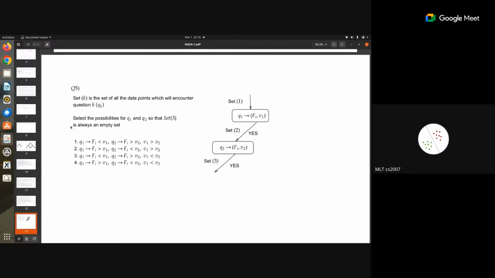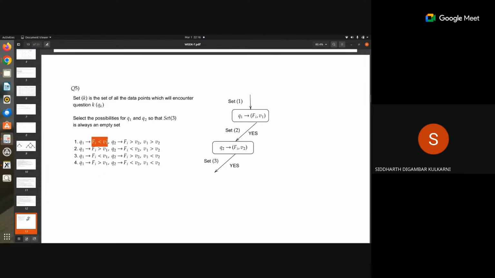If the first question is whether Fi is greater than V1, and it is yes, then all the data points which are above V1 will be there. Then question 2, less than V2, does not qualify there. So will that give me the empty set? The question is which one will give me the empty set. What about option 1?